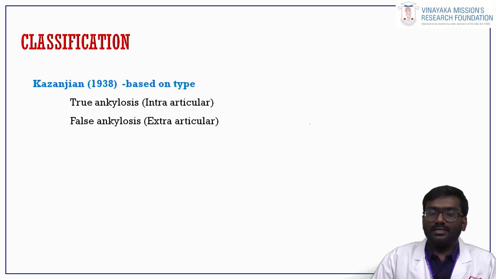So moving on to the classification of temporomandibular joint ankylosis, in 1938, the first author Kazanjian classified ankylosis into two types, true ankylosis or false ankylosis. True ankylosis is within the capsule, that is intra-joint space, that is intra-articular.